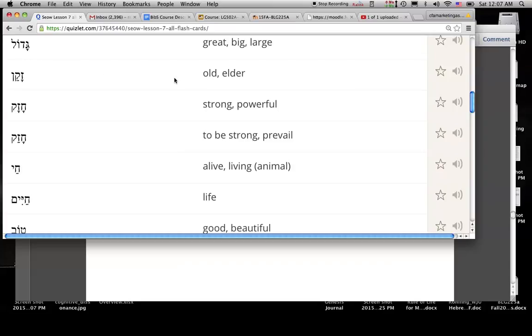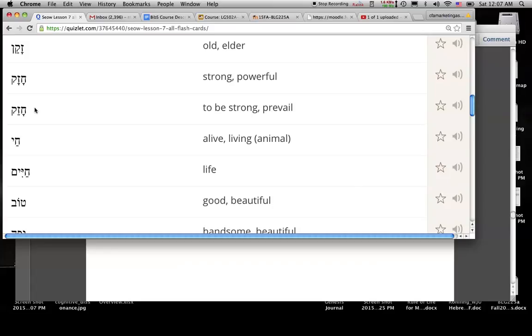Zaken is an elder person or elderly, older person. So I could say Ha'ish Zaken, the man is or was old. You can see Zaken, if that helps you remember things, that he has a cane. Chazak is strong or powerful.